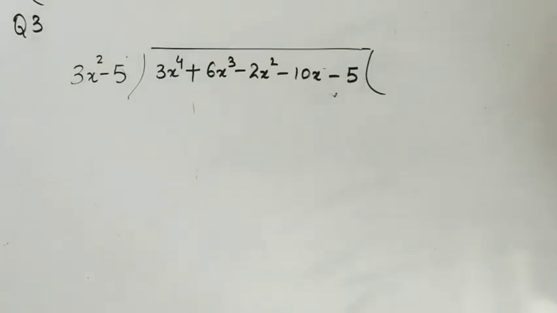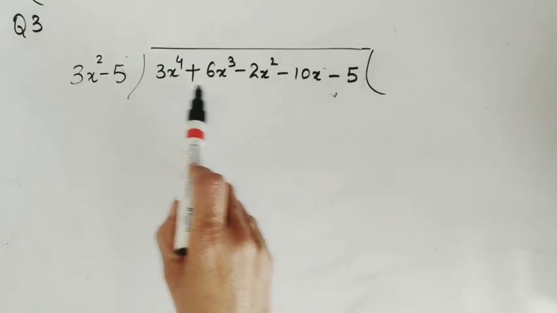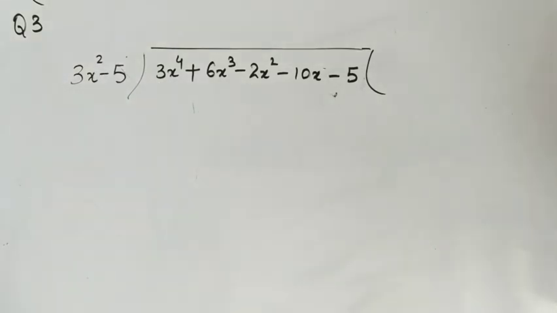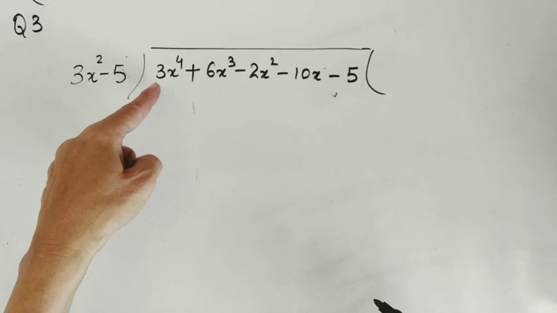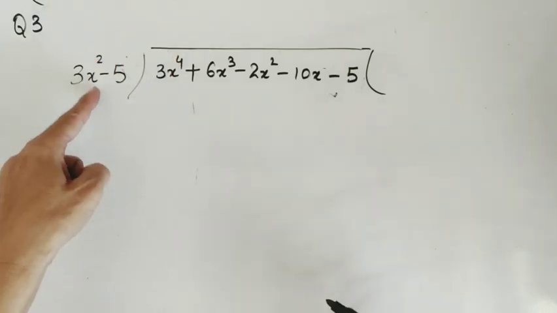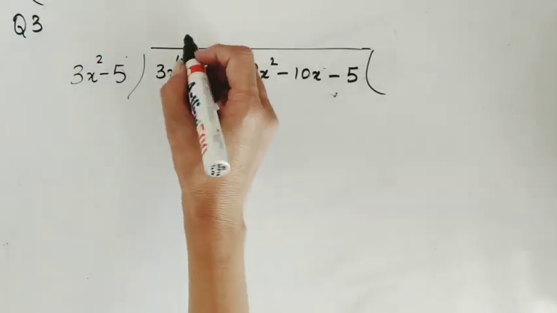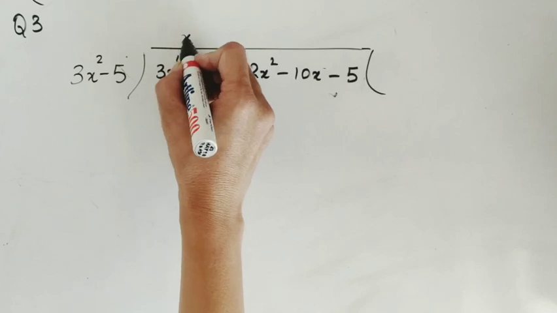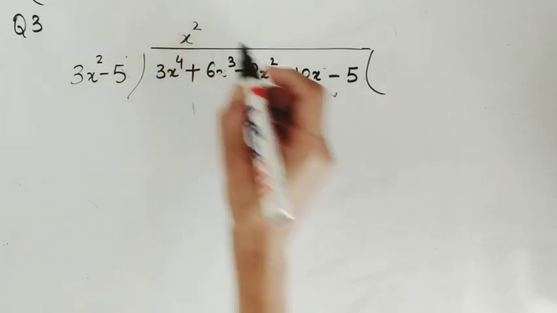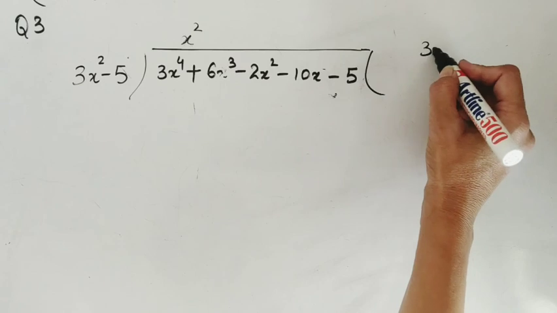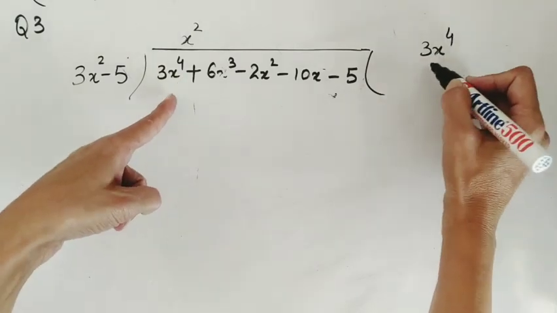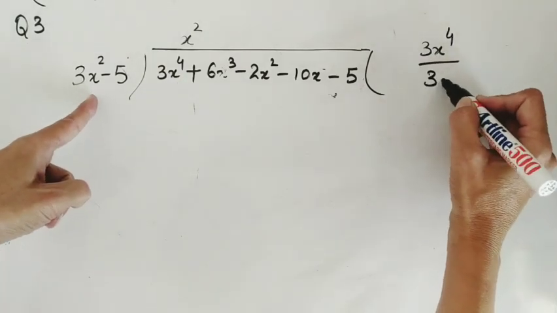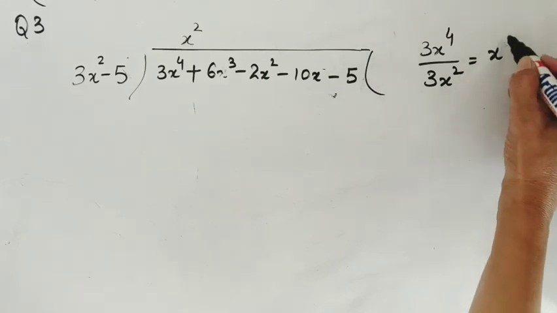Now watch this carefully. We are dividing the given polynomial by 3x square minus 5. The first term, which is 3x raised to power 4, is divided by 3x square. So what should I write as the first term in the quotient? This must be x square, because 3x raised to power 4 when divided by 3x square gives you x square.